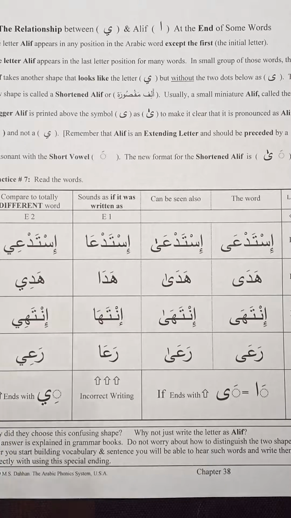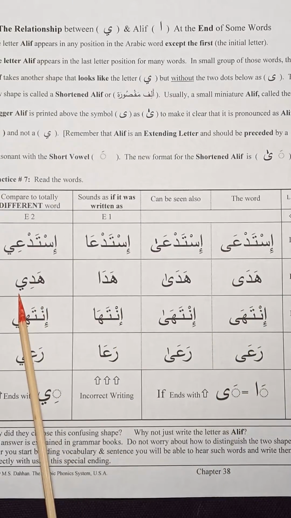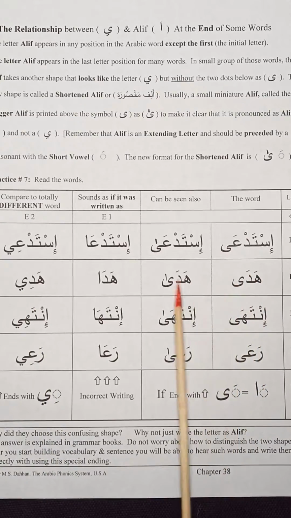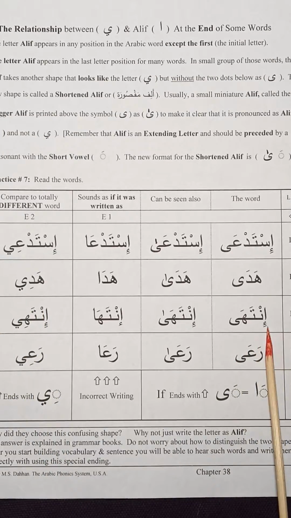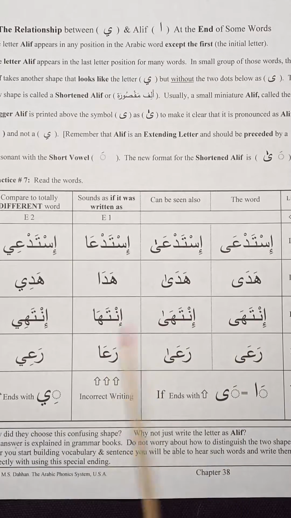That's why we have to do that. Certain words end up like this, and you have to read them correctly. So when you see it like this, it's hada. It's not hadi. And of course, for the obvious reason, there's a vowel here. Hada, here. Hadi. Again, here. Intaha. This one sounds like this one.